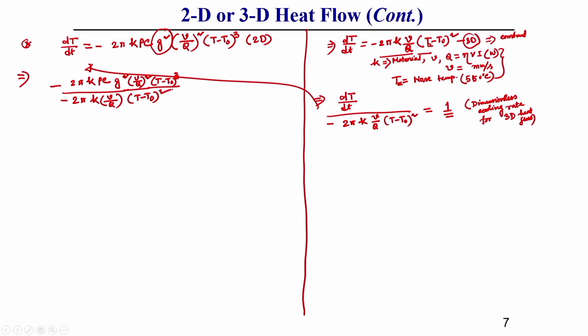These are the things we can get from this equation in the case of the 2-dimensional case. So, what are the dimensionless parameters we are getting from this equation? You got the idea how it is coming.